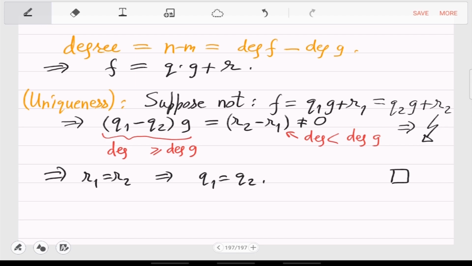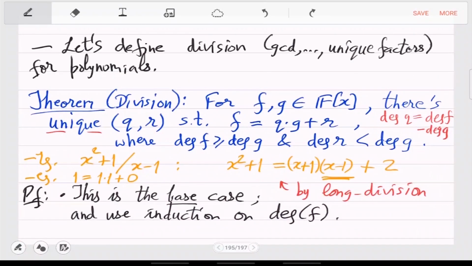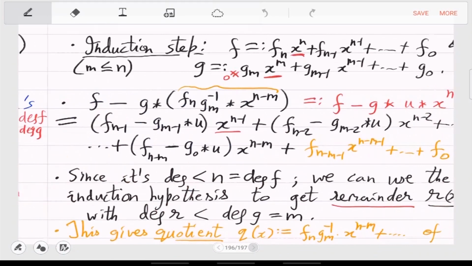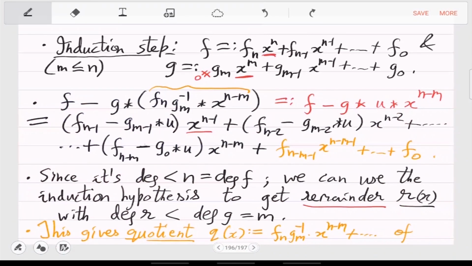Is that clear? Yeah, so this is a fundamental thing. The way you learn division in school, it's actually a method that holds for any field. Over any field, polynomials, you can do the same. Can you go back and compare this division theorem with integers, or even the long division algorithm? Is it the same algorithm as you do for integers? Why is it the same?